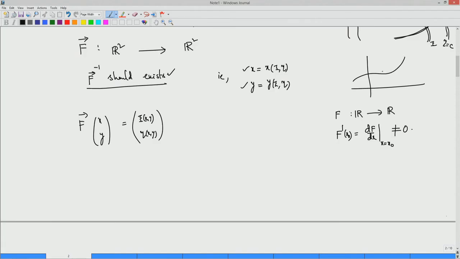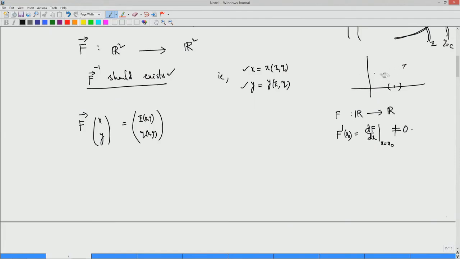If the derivative is non-zero, it means the tangent is not parallel to the x axis. If it is parallel to the x axis, then the derivative is 0. So, if it is not parallel to the x axis, look at this point and its neighborhood. In this neighborhood you find all the tangents.